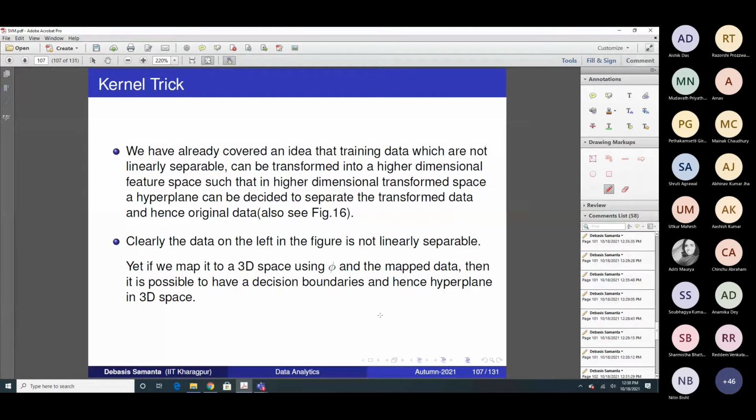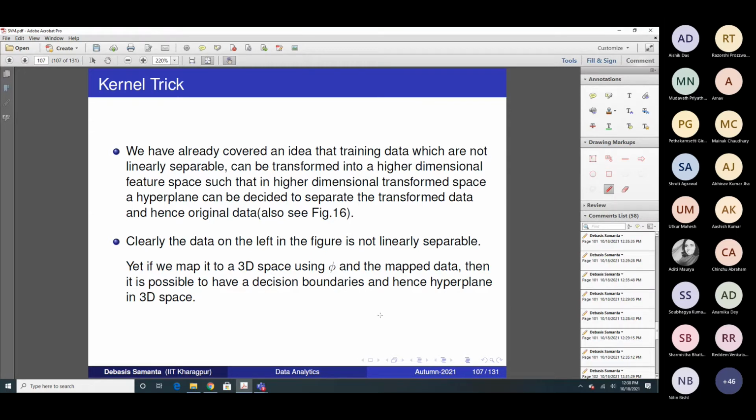Now, what is the idea of the transformation? As I said, we have to have a phi transformation which can be used to transform the values from the nonlinear region to the linear region. Here the kernel trick is actually doing the same thing.